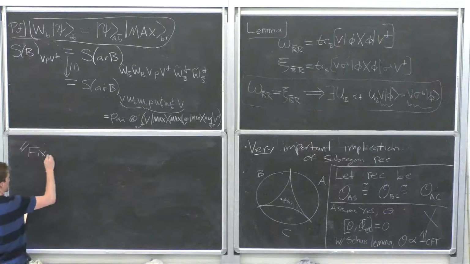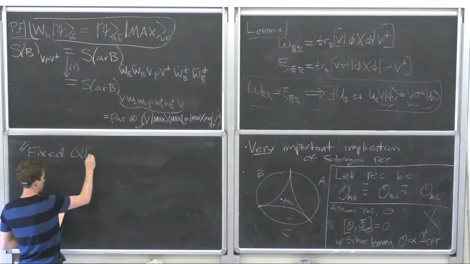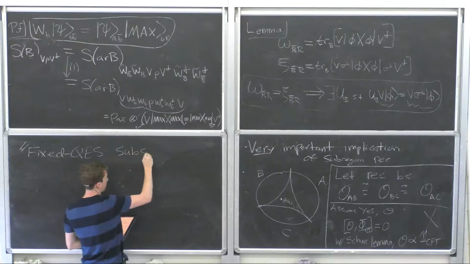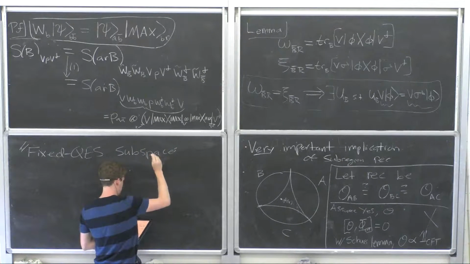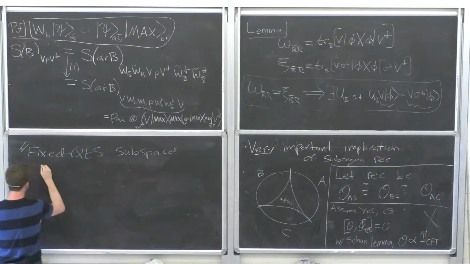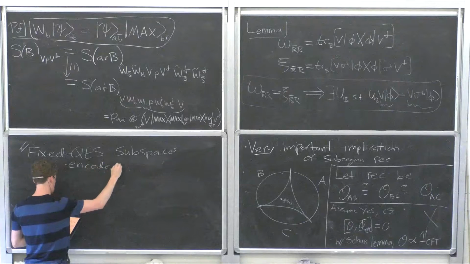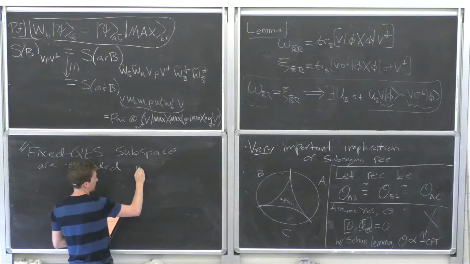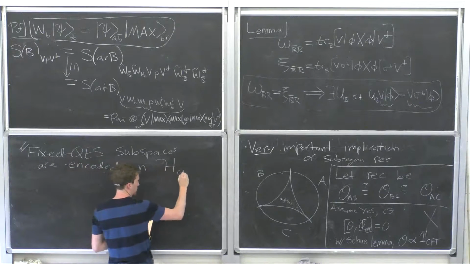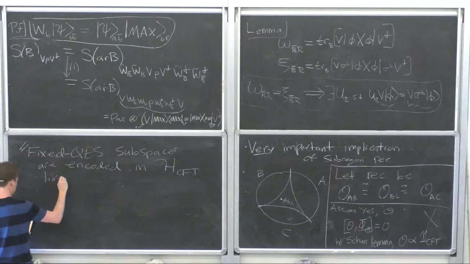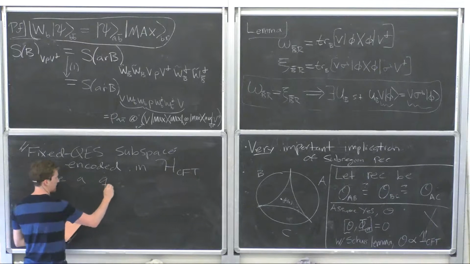So these fixed QES subspaces are encoded in the boundary Hilbert space, the CFT Hilbert space, like a quantum error correcting code.